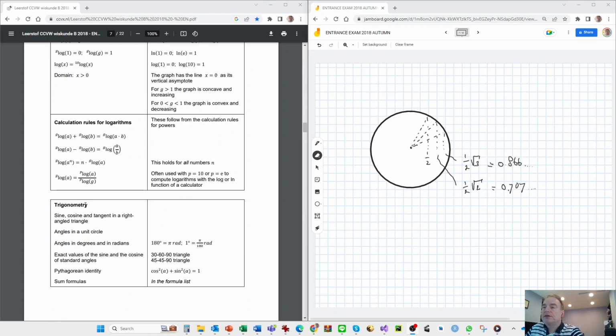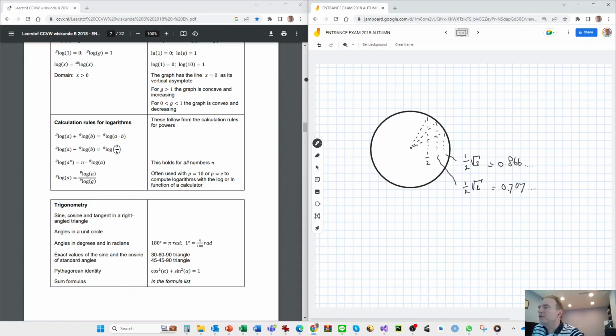Then trigonometric functions: the sine, cosine, and tangent, how they're defined in a right-angled triangle. You need to know about the unit circle, and here is an example for the cosine. If you look at an angle of 30 degrees, then the cosine is the projection of this point on the x-axis, which is 1/2 square root of 3.